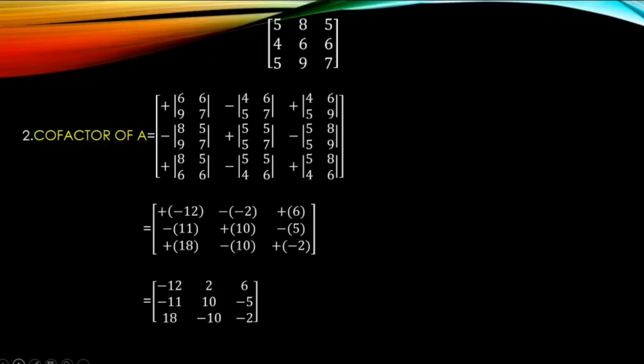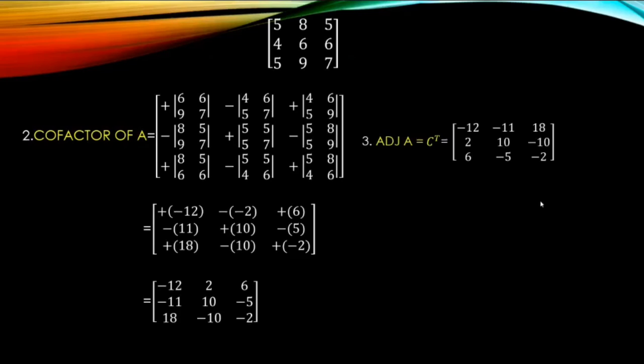Okay, thank you, Nurin. Now, we need to find the adjoint of A. Saffa, can you help me to find the adjoint of A? Can. So, adjoint A is equal to the transpose of the cofactor matrix. So this is the answer, right? Yes. Thank you, Saffa.